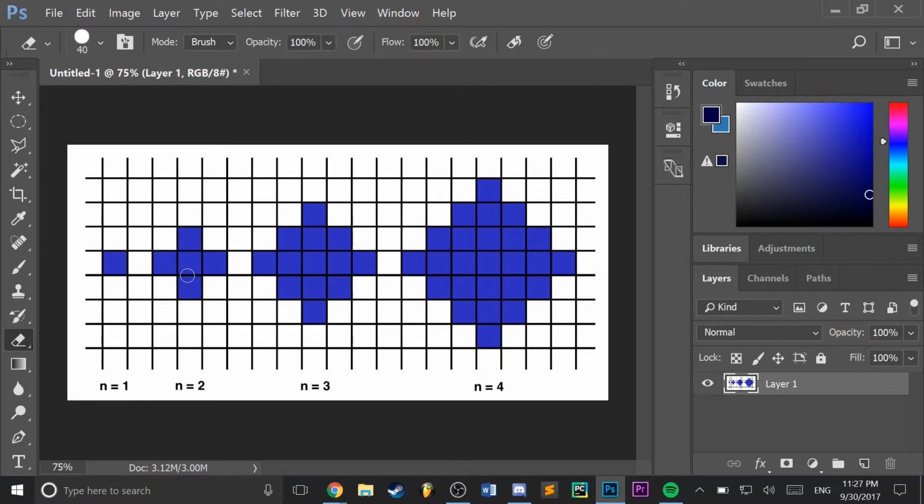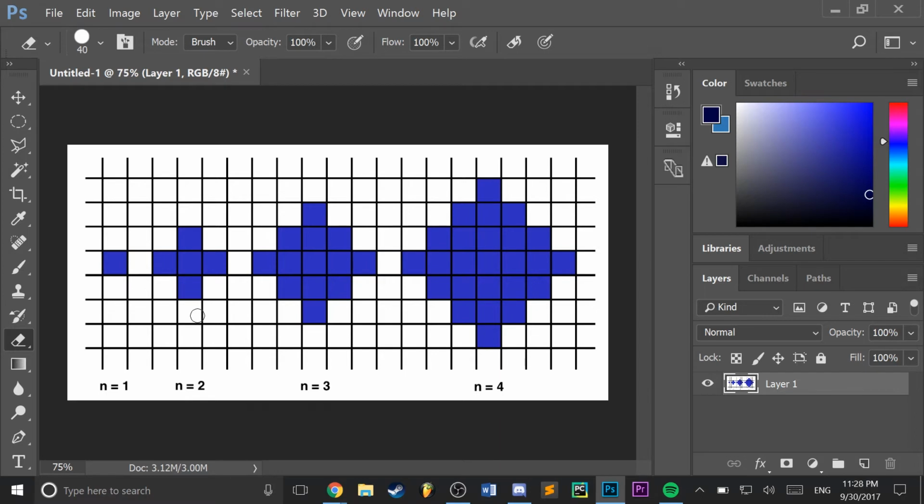Then we have n equals 2, where you basically add a square to each side of the first square. And then you can see in n equals 3 they added a square here, here, here, here, and here, here, here, and here.